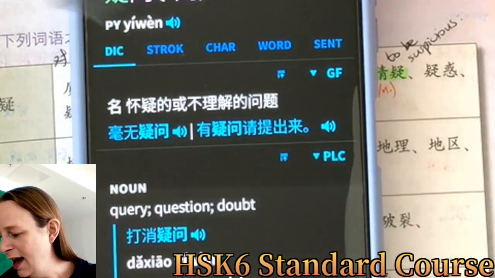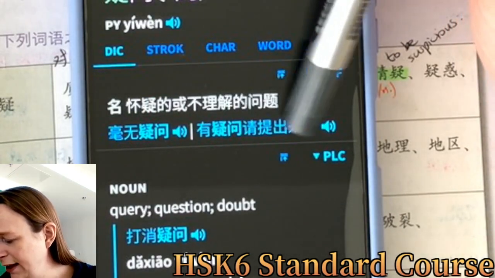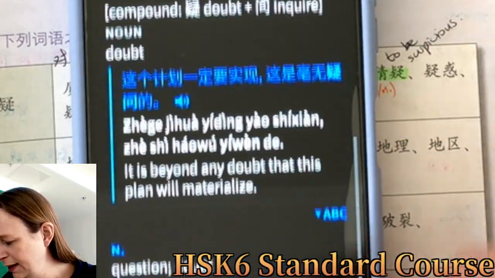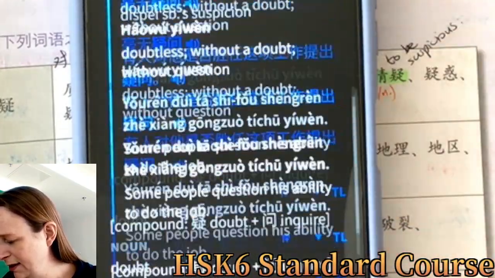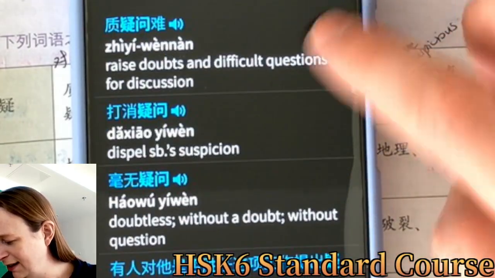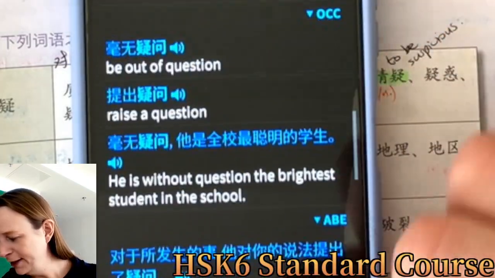Yeah. 毫无疑问. 有疑问请提出来. So this is a noun. Is it not a verb? Maybe I was wrong. It's a noun. There's no verbs.